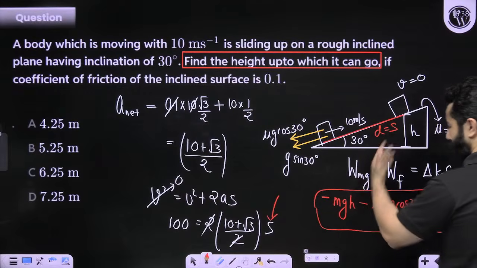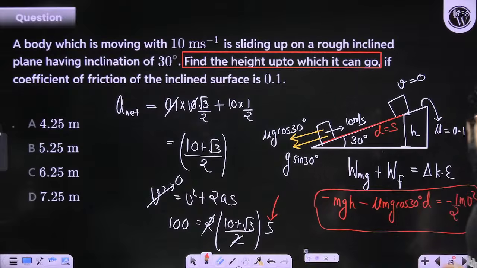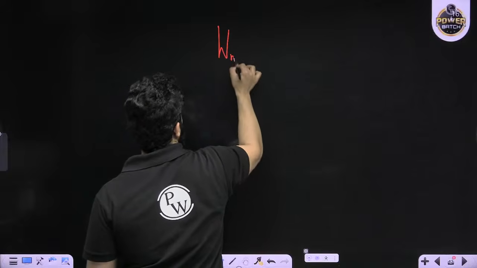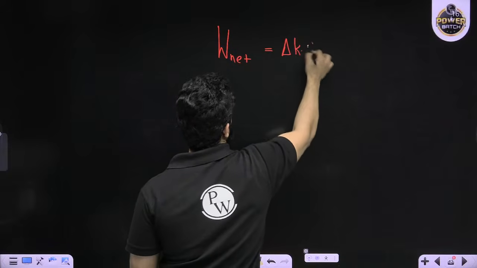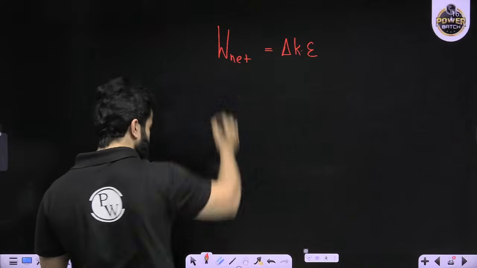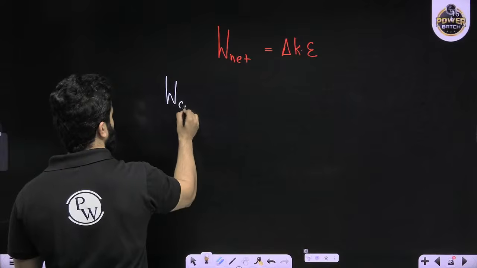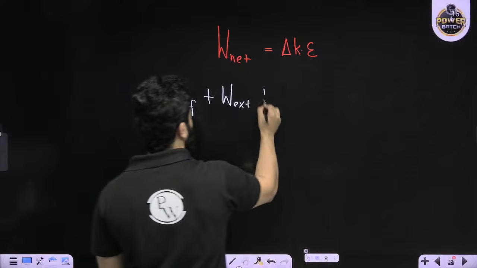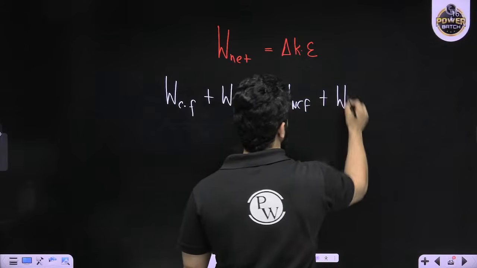So you will have to apply the work energy theorem again, right? Let me tell you, the work energy theorem is basically that net work done is equal to the change in kinetic energy. Now this includes each and every force: work done by conservative force, work done by external force, work done by non-conservative force, work done by pseudo force.